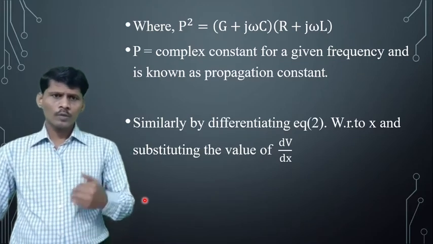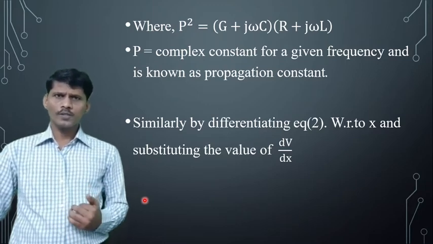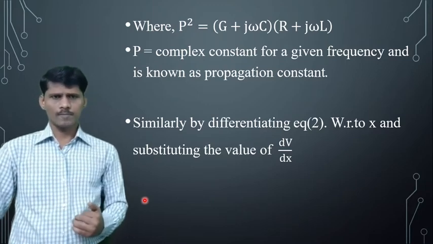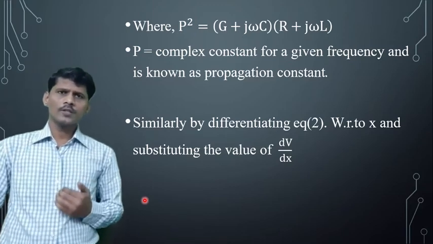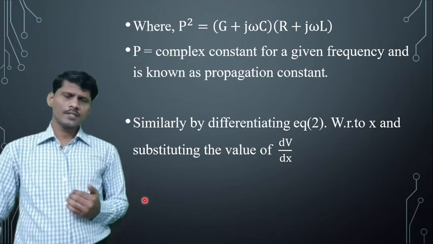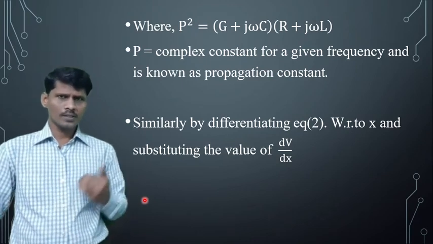Now we want to differentiate equation 2 with respect to x. What is equation 2? Minus dI by dx is equal to V into G plus j omega C is equation 2.